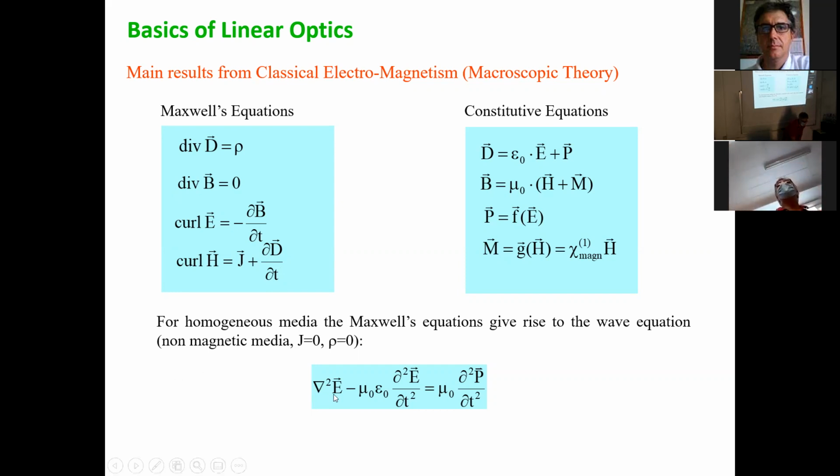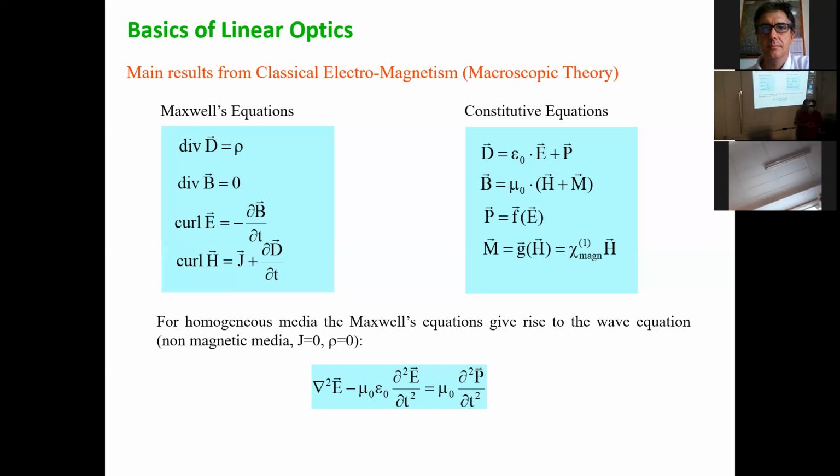So he finds that the electric field associated to a perturbation must satisfy a wave equation similar to the equation for the vibrating chord, discovered by D'Alembert. So it must satisfy this equation that is written here.